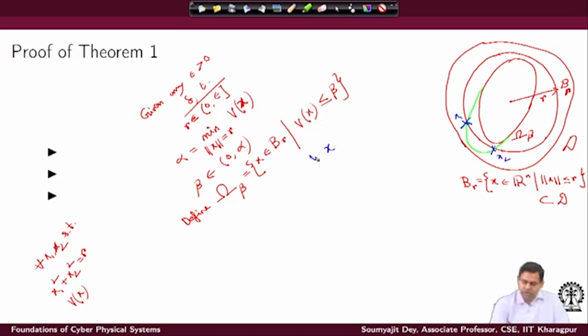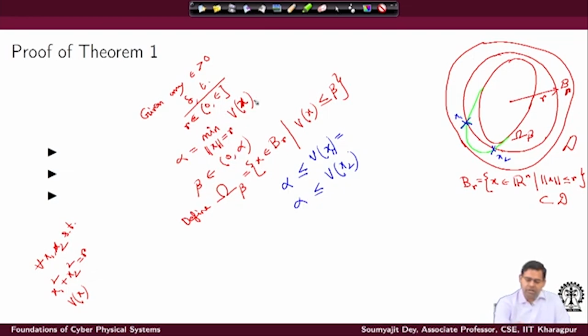Then for these points, V x1 will be equal to some value which is greater than or equal to alpha, right, and similarly V x2 is also greater than or equal to alpha, as per this definition I have here. And I have chosen this value beta to be such that it is between 0 and alpha.